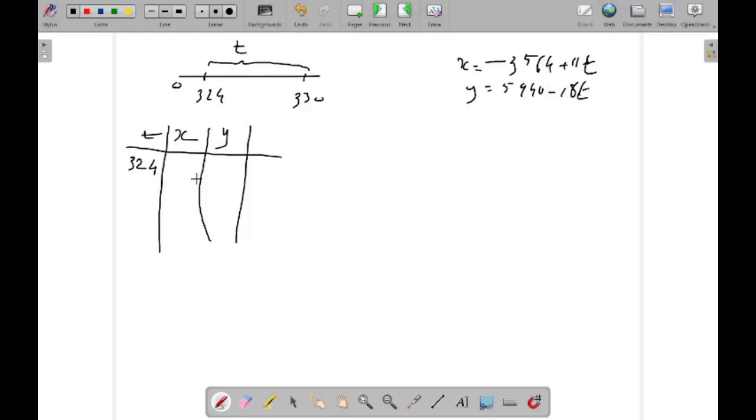This is our equation for x and y. When t is equal to 324, x will be 0 and y will be 108. When t is 325, x will be 11 and y will be 90.